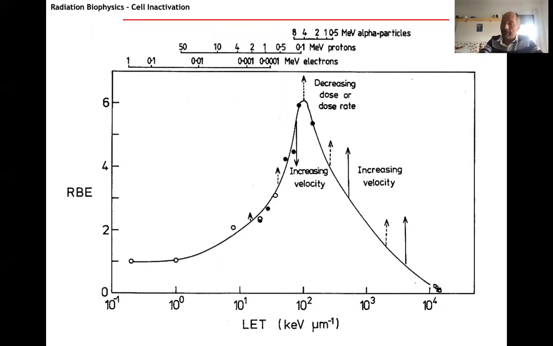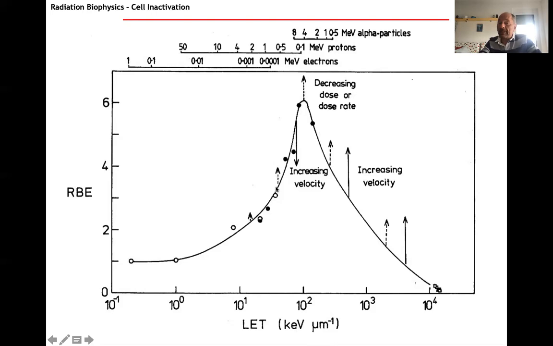Generally, you start from an RB of 1, which is the same as at 0.2 keV per micron, the LET of cobalt gamma rays and X-rays. So it is small here, then goes up, reaches a maximum around 100 keV per micron, and then goes down again when you go to very high LET.